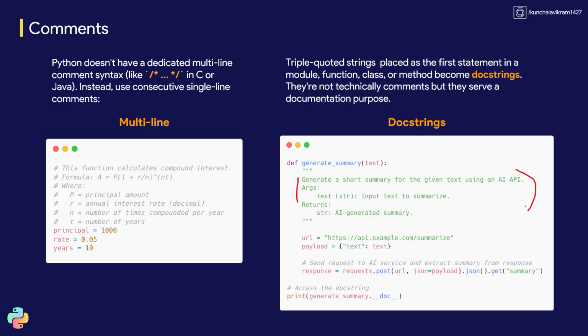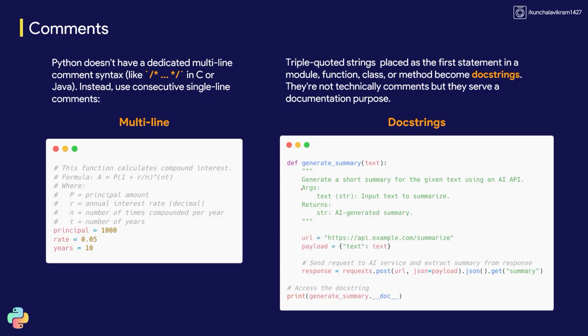Here I'm explaining what this function does, what inputs it needs, and what the return value is. In case you don't understand what these args are and what a return value means, we'll see them in the functions chapter. We'll also see them when we go through other chapters.